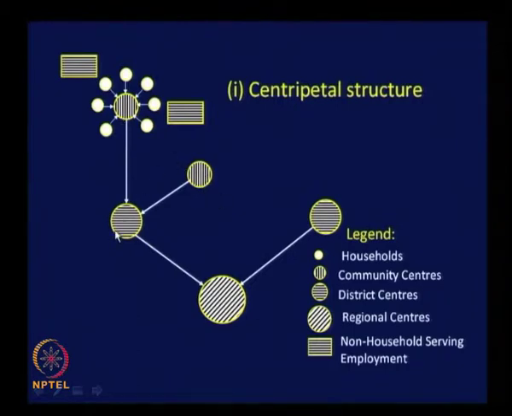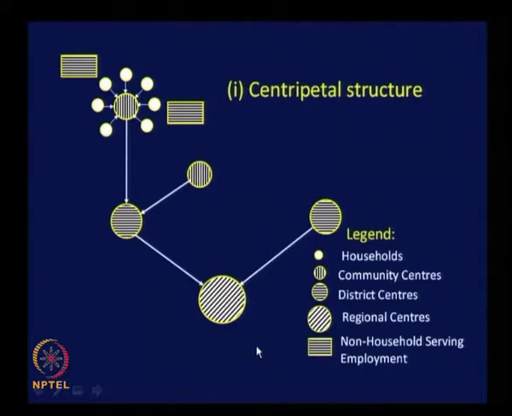This implies that all the households around the community centers are indirectly focused towards the district center through the community centers, isn't it? That is the implication. Then these are district centers. Several district centers focus on the regional center. So, there is a strict hierarchy maintained, clear.